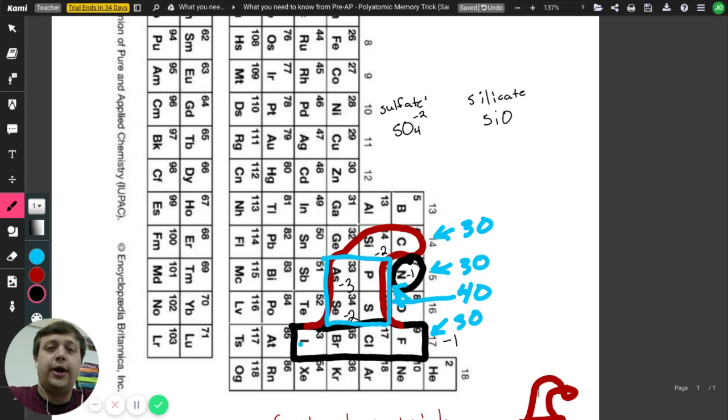Now I need to look and see where it falls on my little Santa hat. So first off, it does come up here to group 14, and everything in group 14 has a -2 charge. Well, now I need to know how many oxygen I have. Is it in that group of 4 in the middle? No, it's not. If it's not in that group of 4, it has 3 oxygen.